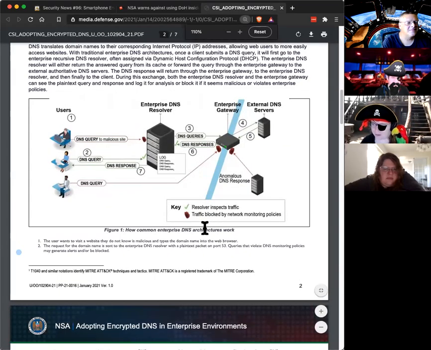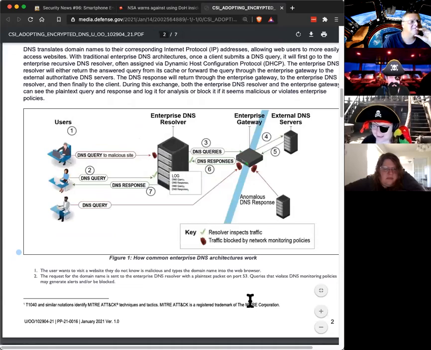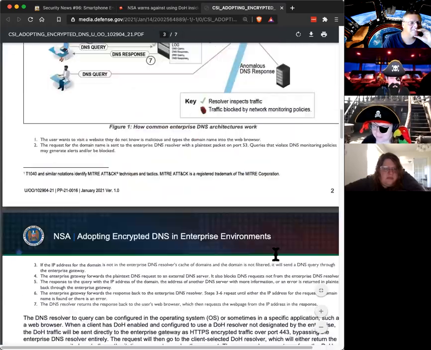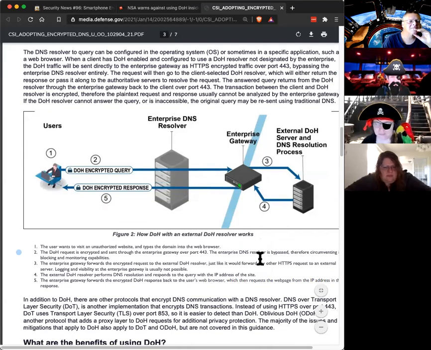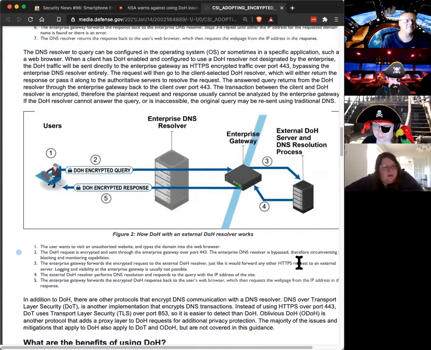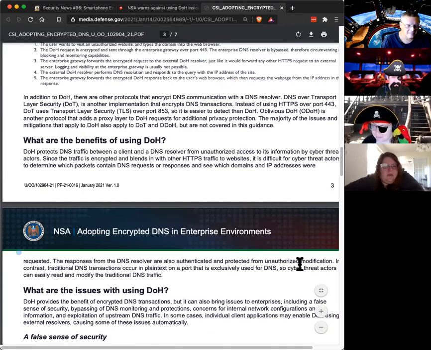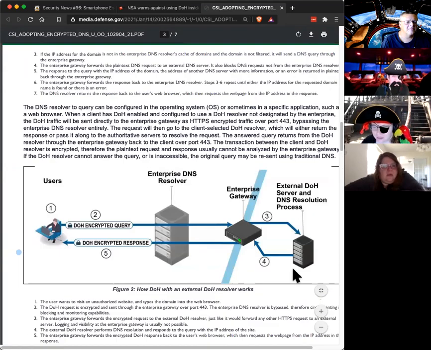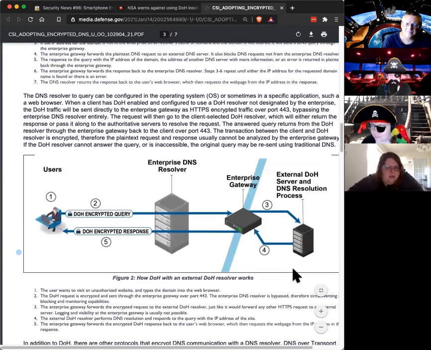There's no new technical information in this statement issued by the NSA. But it's interesting that the NSA is making such a big public statement about this and being so explicit in telling enterprises that they should be avoiding the use of DoH on their internal networks.